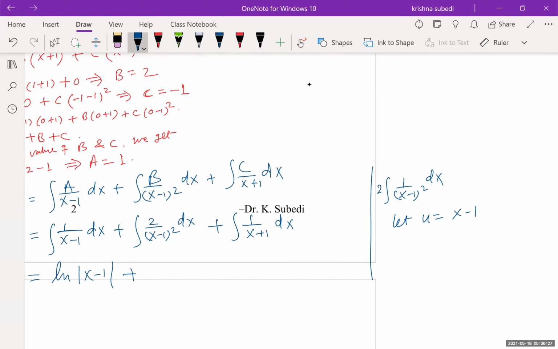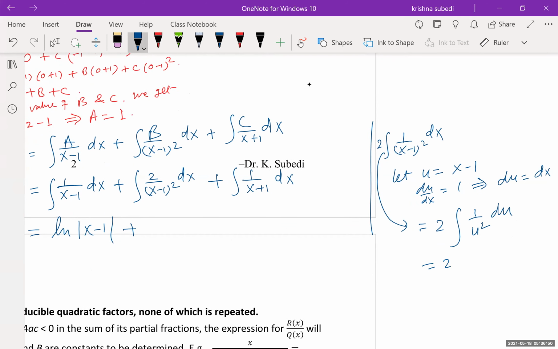Now, in this case, I think the substitution rule works. Let us suppose that u equals x minus 1. Then du over dx is going to be 1, which gives me du equals dx. So this guy will change into 2 times the integral of 1 over u squared du, which means 2 u to the power negative 2 du.